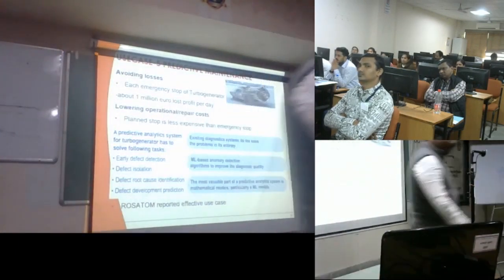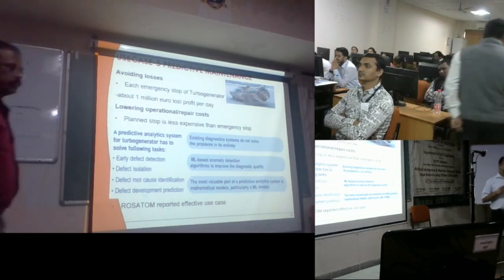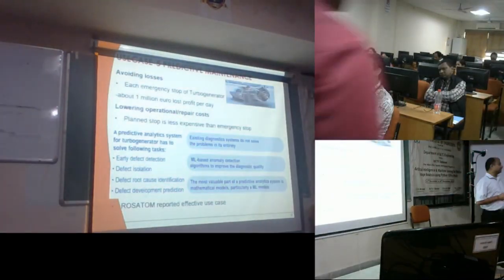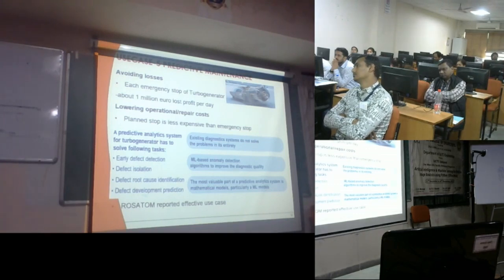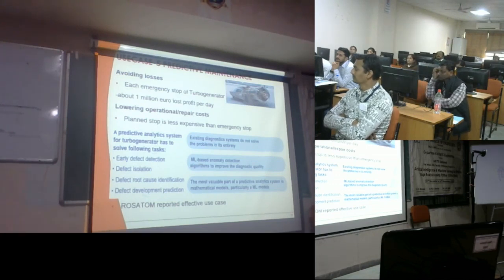So there are two kinds of actions: one is preventive action and one is corrective action. In preventive action, we take the action before that event actually takes place, so that we can avoid that event. But in corrective action, once the event has taken place, we have to repair. That is the corrective action.